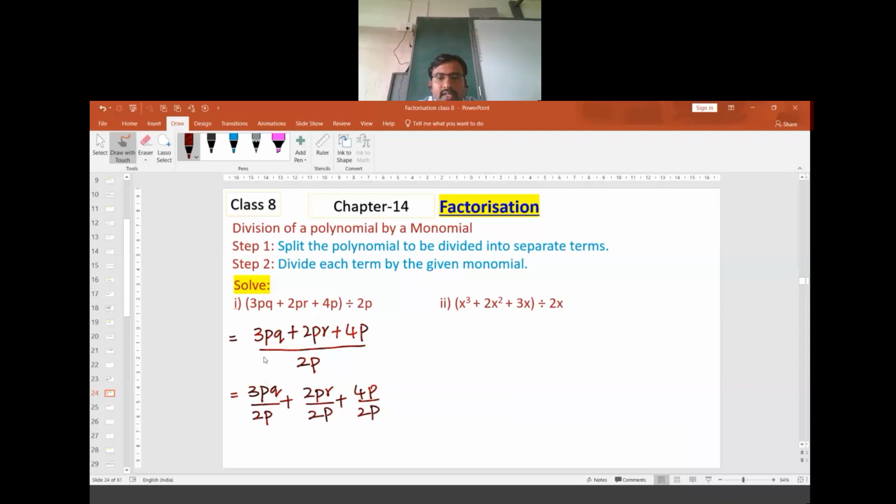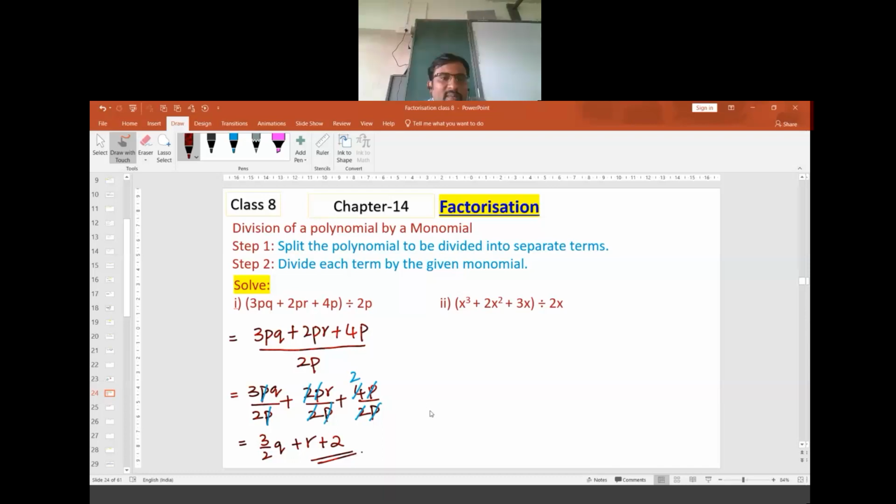Here p gets cancelled. Both p and p get cancelled, 2 twos are 4. The result we obtain is 3 by 2 q plus r plus 2.